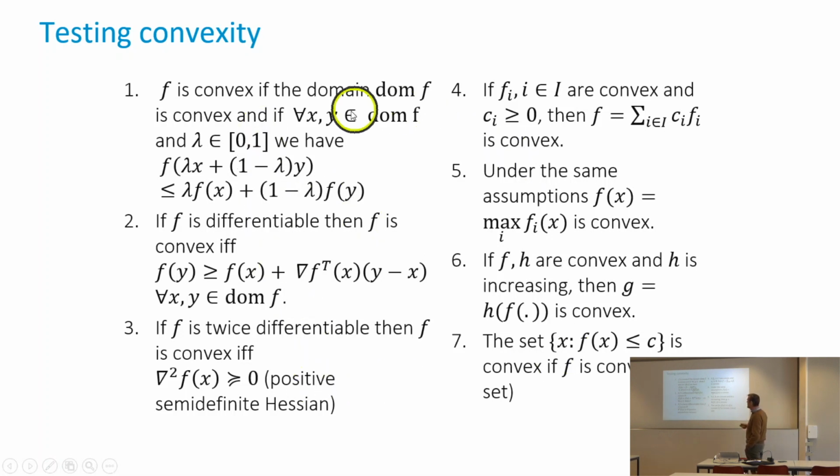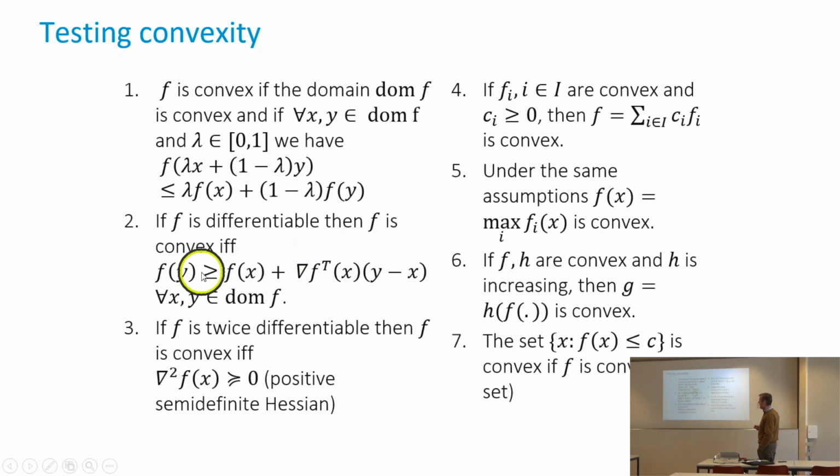Here is a cheat list of convexity. Well, a first cheat list. This is the formal definition of convexity, which says that if I draw a straight line between the points at x and y, the function is below the straight line. This is given by this equation here.